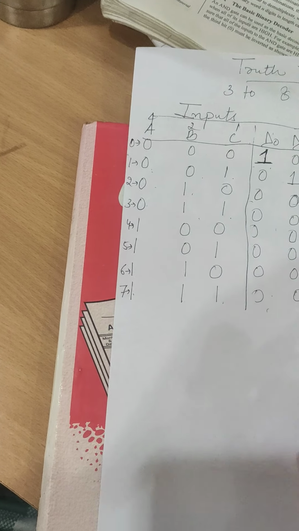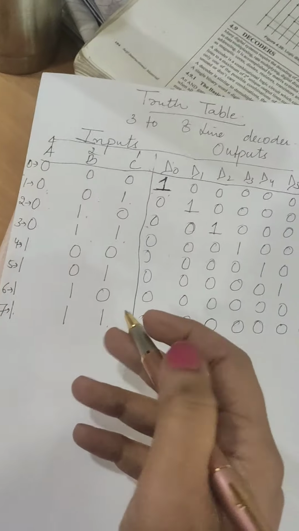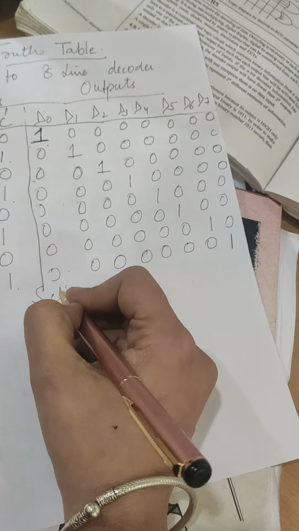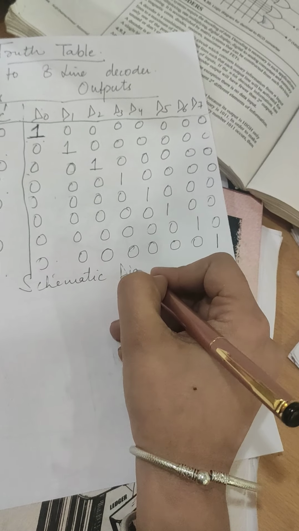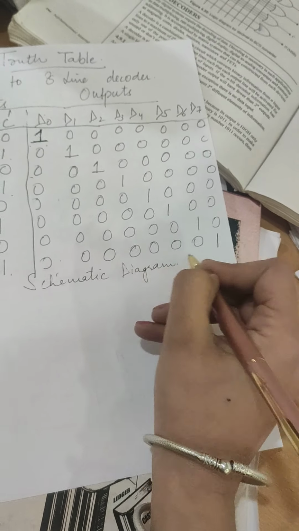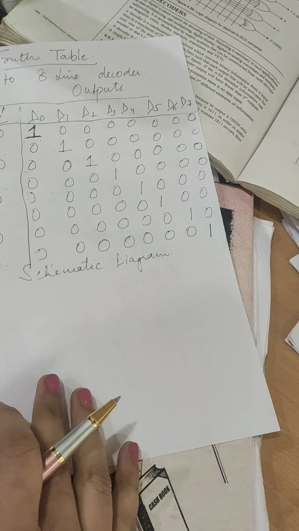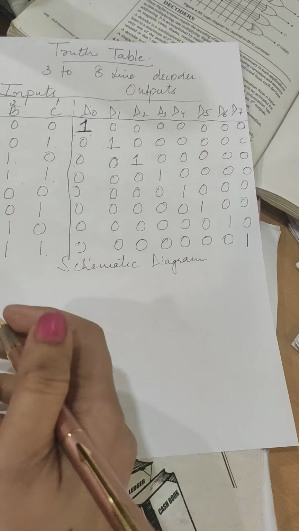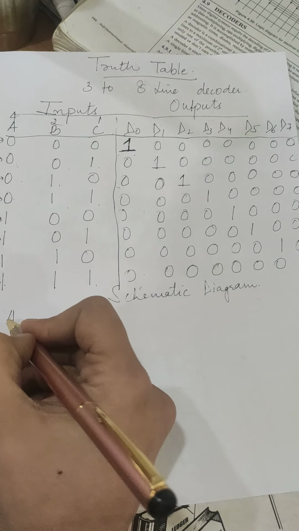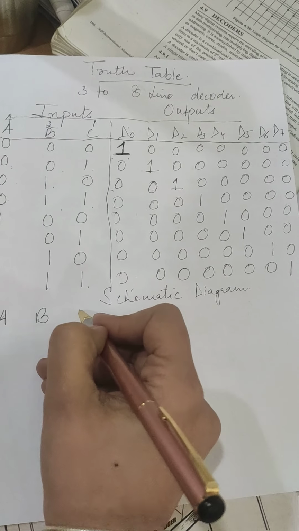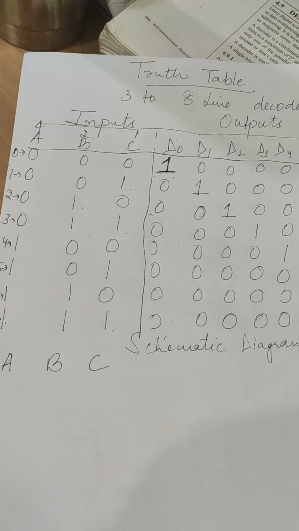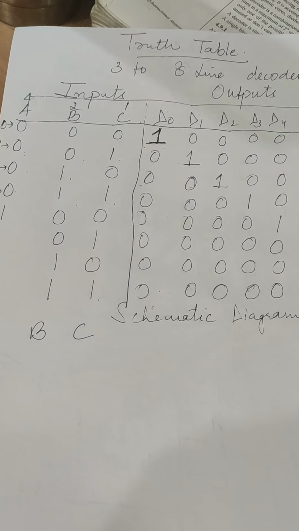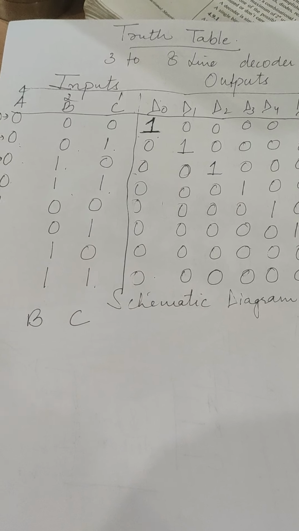Now we need to make its schematic diagram or circuit diagram. We have inputs A, B and C. In the encoder case, we represented the outputs with the OR gate.